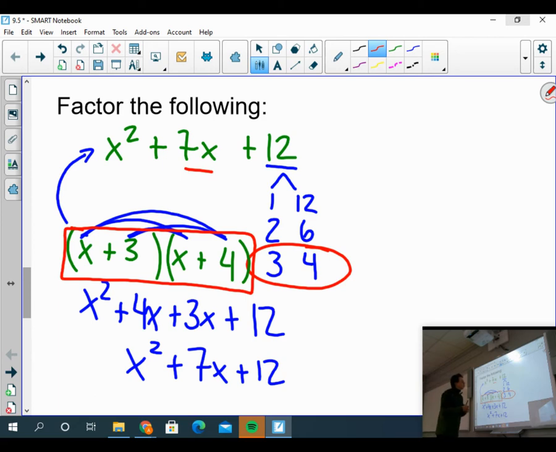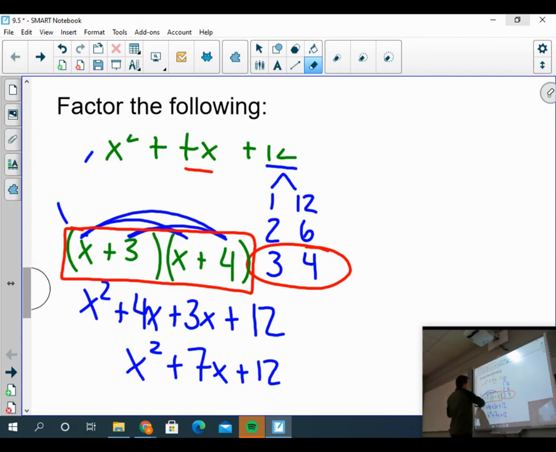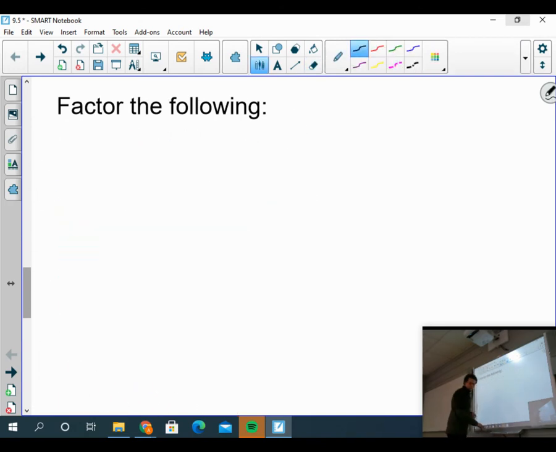And then we will look to find out of those factors the numbers, or the variables in some cases, that add to give us B, our coefficient of the middle term in the trinomial. And then once we find the numbers that do that, we will write them in the form of two binomials multiplied together.